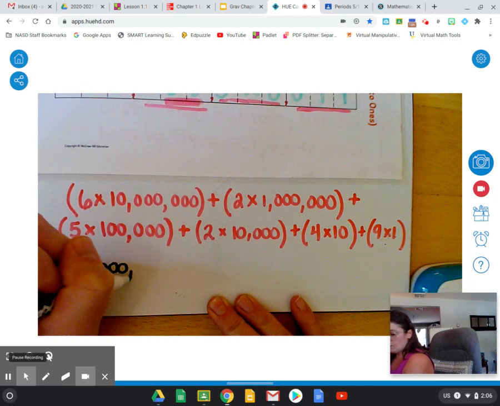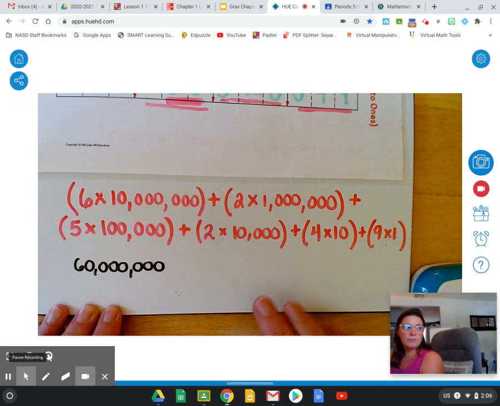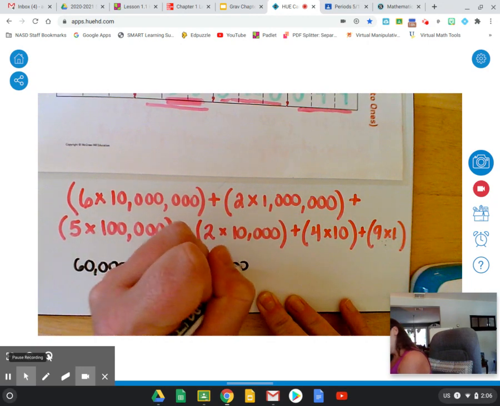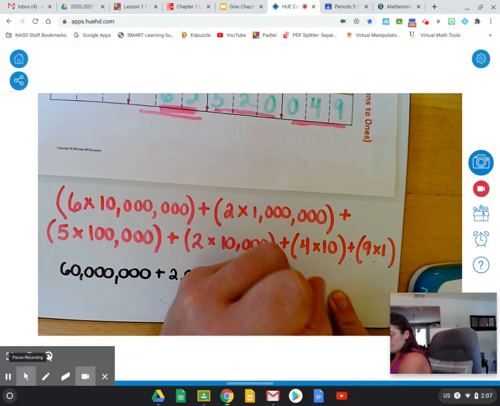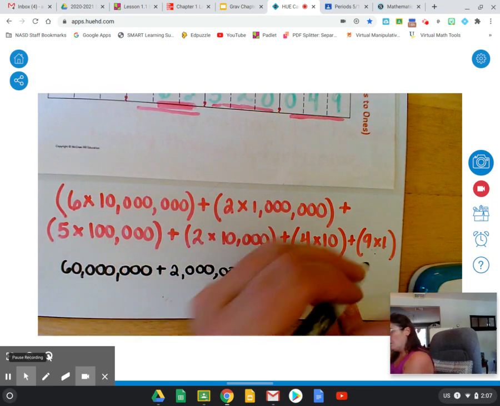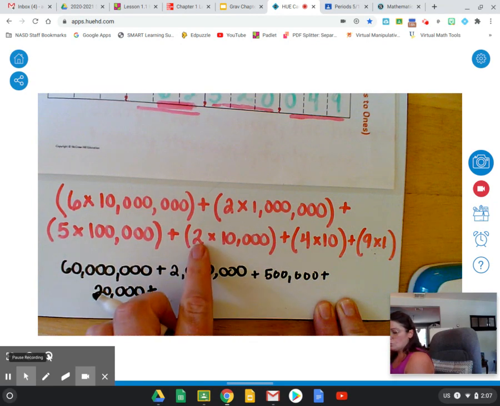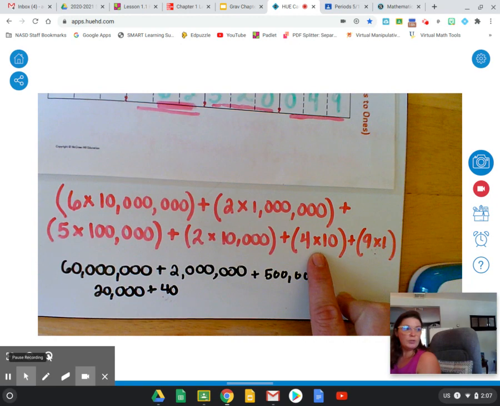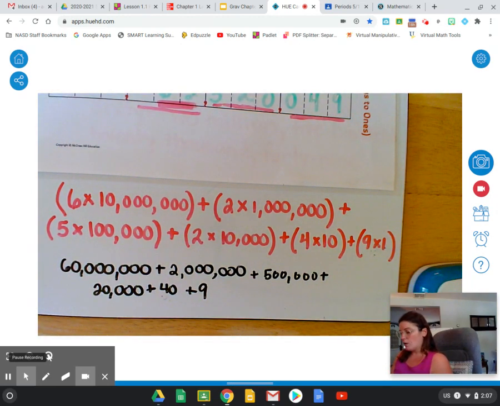60 million, because 6 is in the 10 millions, plus 2 million, because 2 is in the millions, plus 500,000, because 5 is in the 100,000s, plus 20,000, because 2 is in the 10,000s, plus 40, because 4 is in the tens, plus 9, because 9 is in the ones.